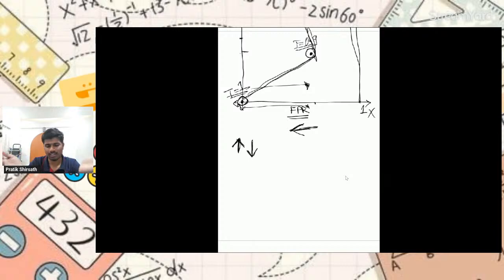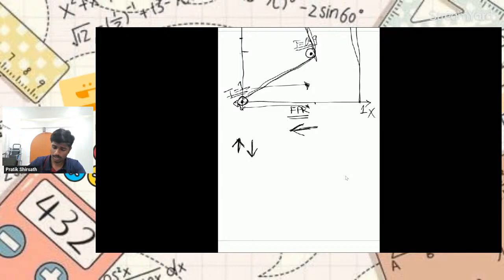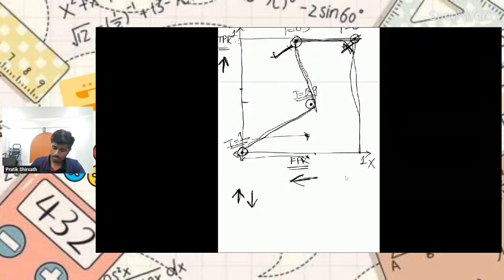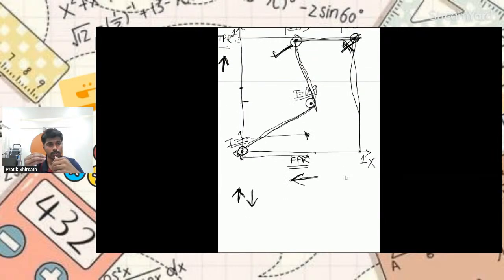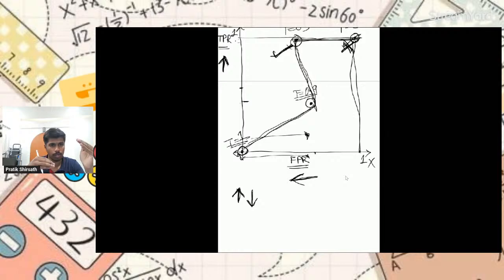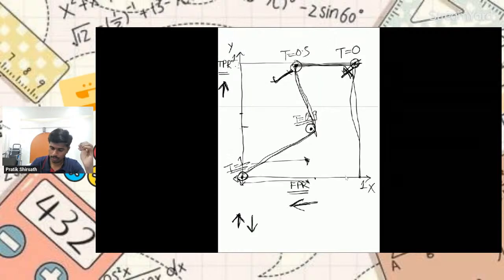So it doesn't matter, after so much hard work you are getting nothing. So it's very important to understand that the TPR and FPR should not nullify each other. One of them should be greater. In this case, always the TPR should be greater than the FPR. So we will choose this point.